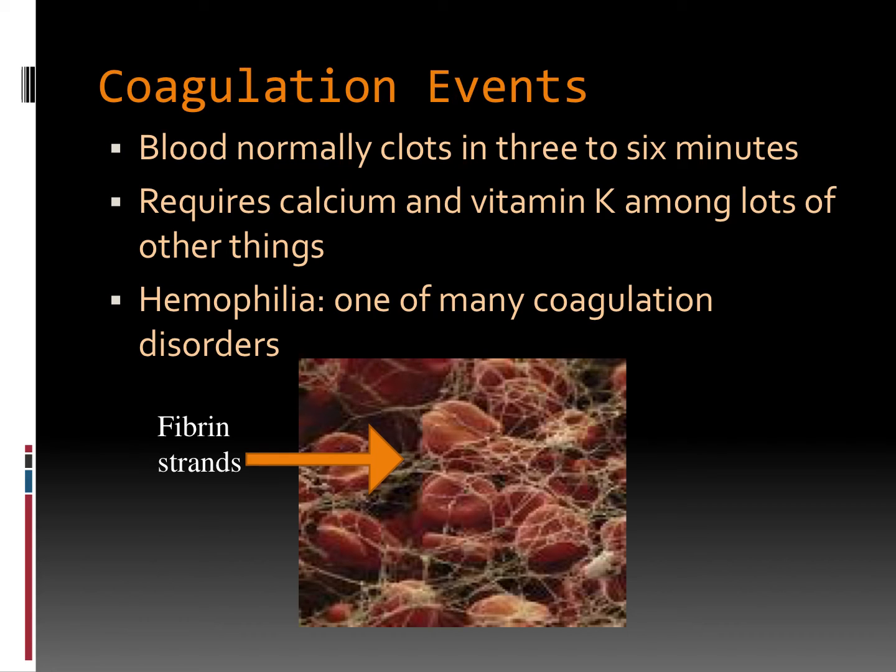So there are different causes of hemophilia based on what part of the clotting cascade is interrupted or affected. But basically it prevents a part of this coagulation process from occurring. And so the clot formation doesn't occur or occurs sometimes very slowly.